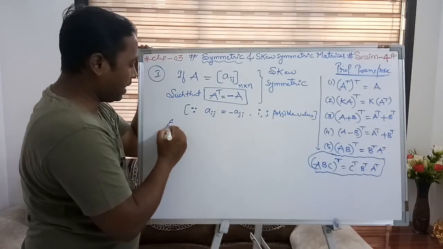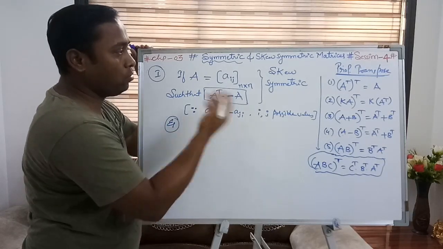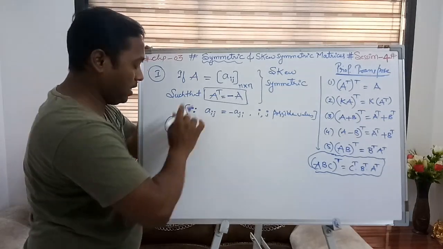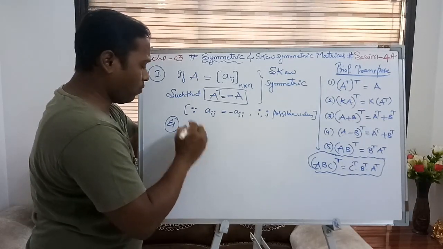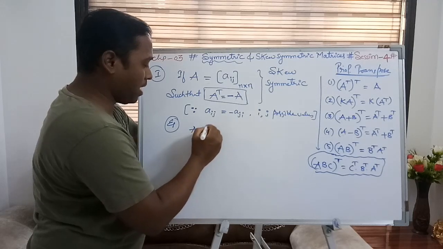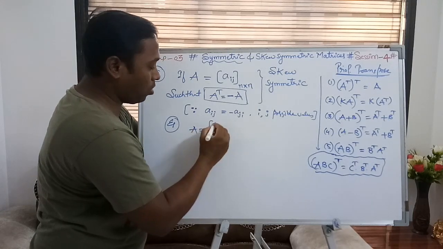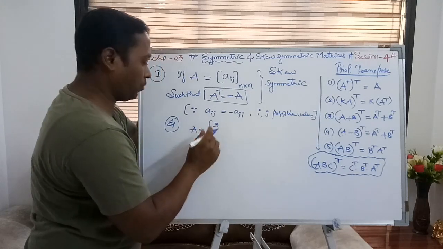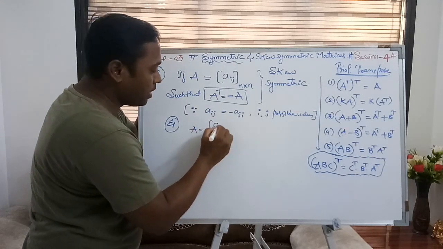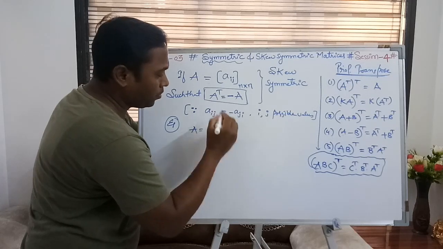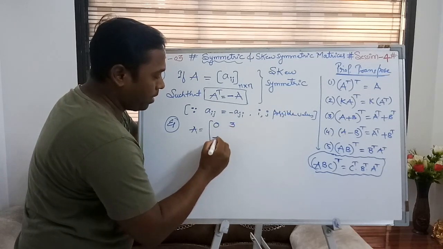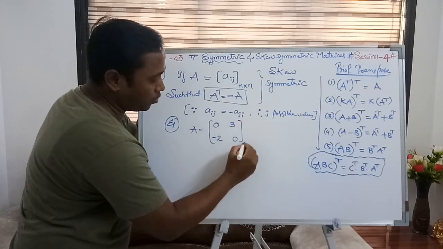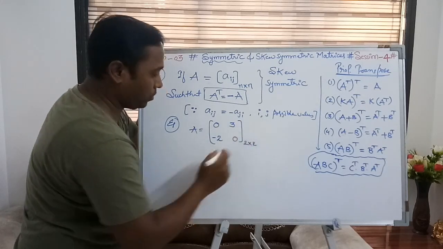Now I am taking one example to understand how a square matrix can be a skew symmetric matrix. I am taking a square matrix of order 2 by 2 with entries 0, 3, minus 2, 0.